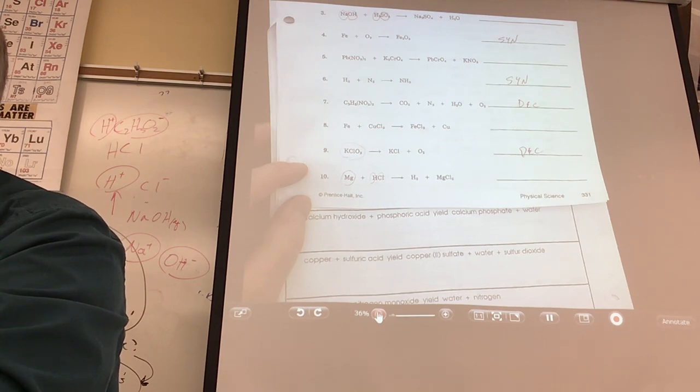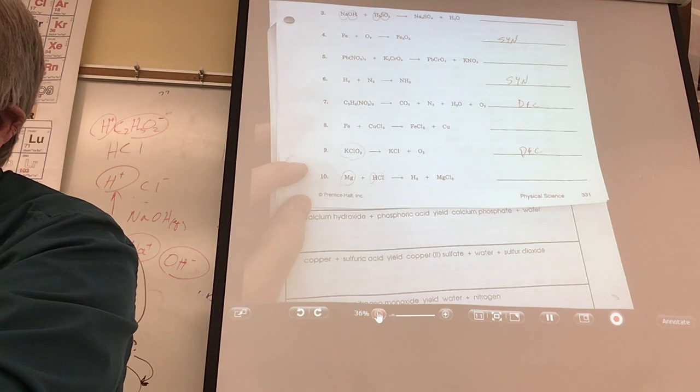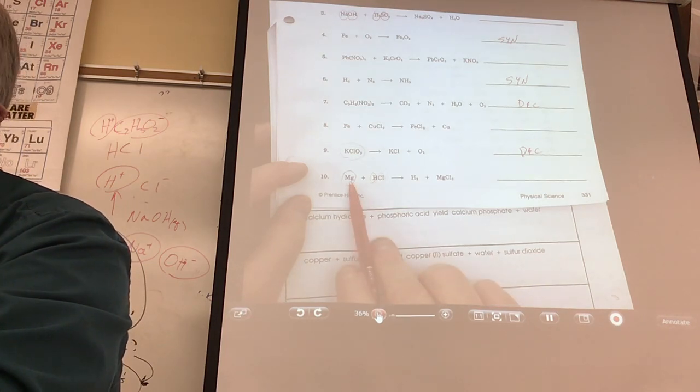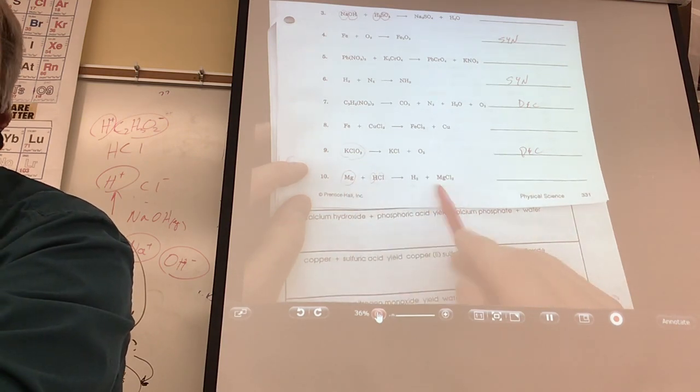Like table salt, is it NaCl or ClNa? Because in ionic compounds, the plus thing's always written first, and the metals are the plus things, aren't they? So if this guy is going to kick out, who did he kick out? Layla, who did he kick out? He kicked out H, so we're going to write magnesium chloride.